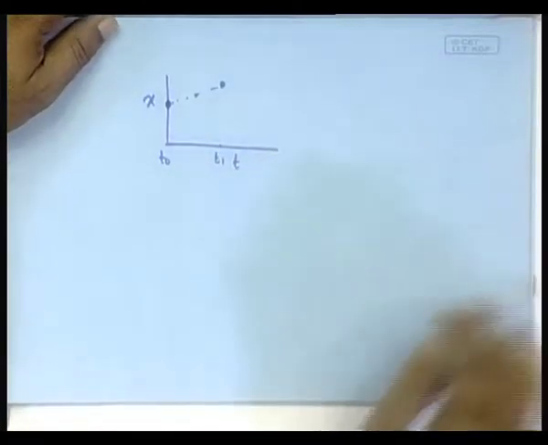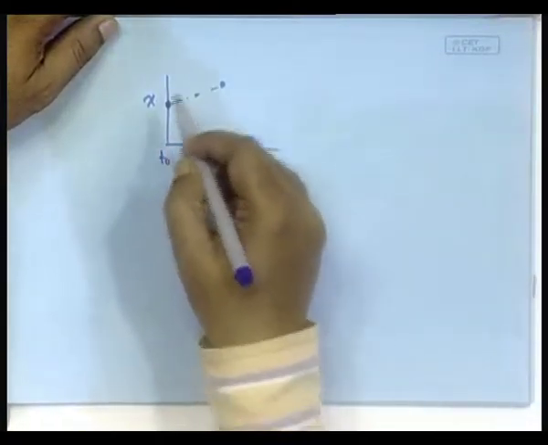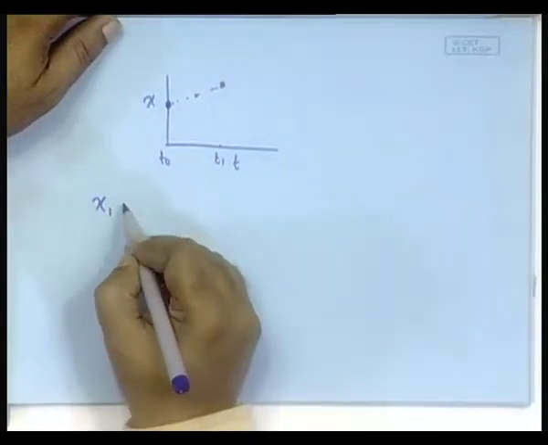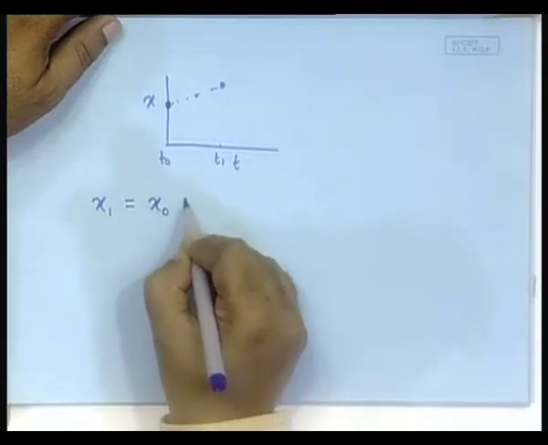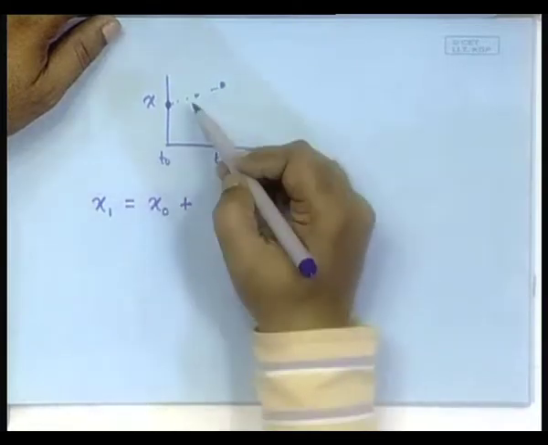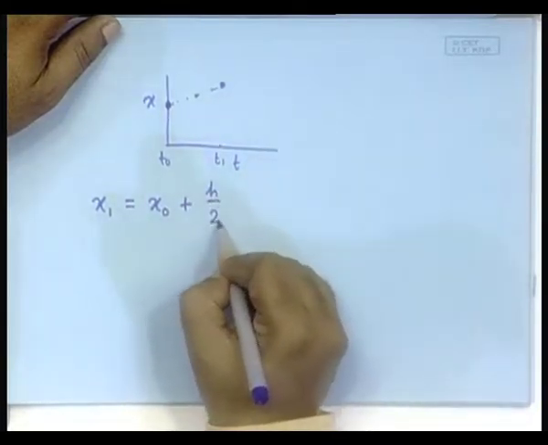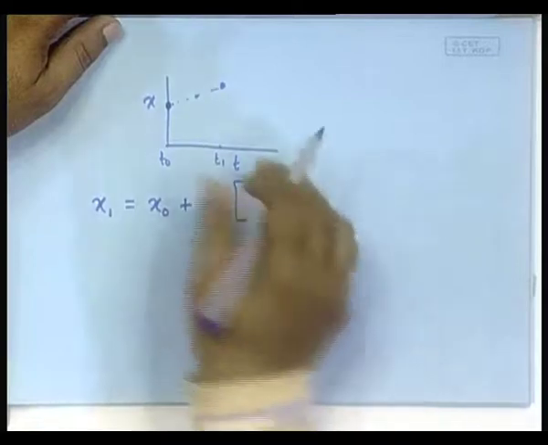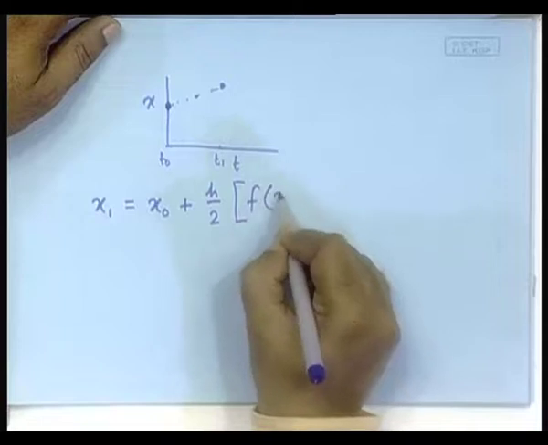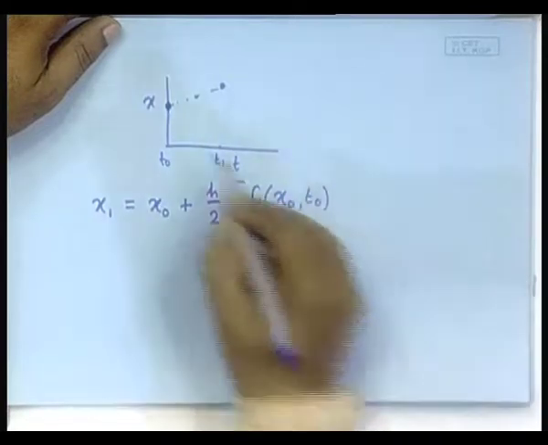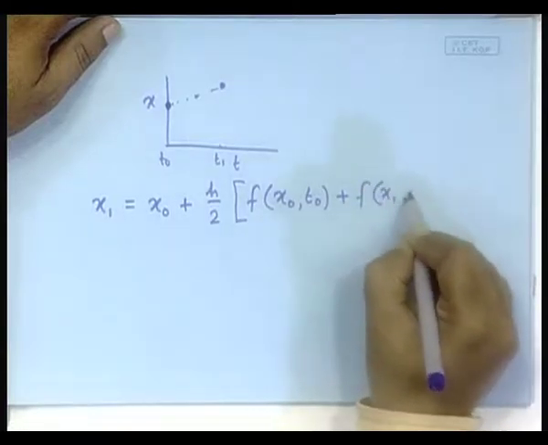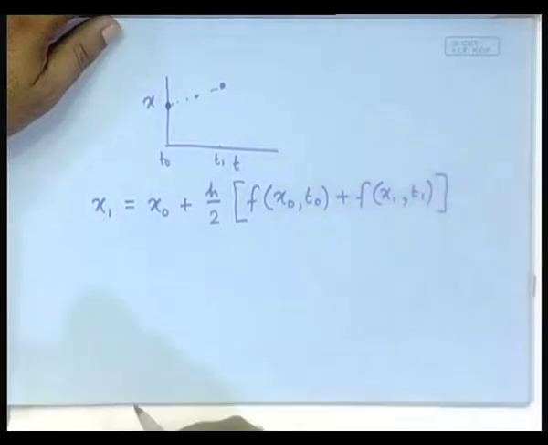So, in that case our solution at x 1 becomes x naught plus, this is the total h, this is h by 2, times, then we have to take the average, it is f of x naught, t naught, this one, plus f of x 1, t 1, right.